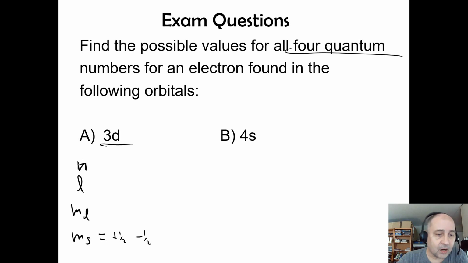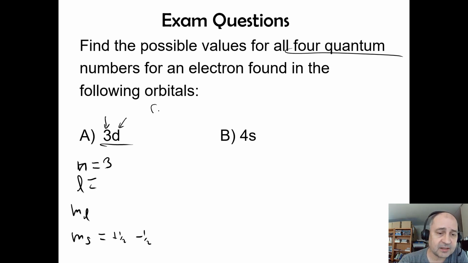So, alright, n is the energy level, and the large number in front always refers to that energy level. So n equal to 3 here. And for L, be careful, it's not necessarily n minus 1. That is just the highest possible value for a suborbital of the third quantum level, but here it's dictated by d.